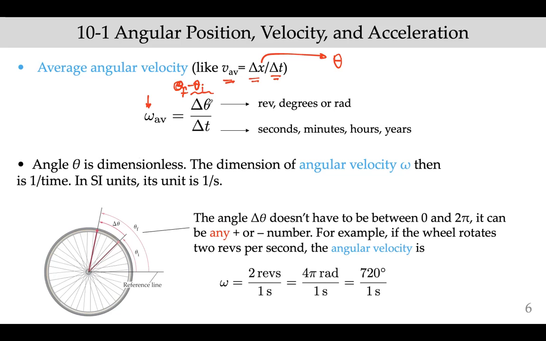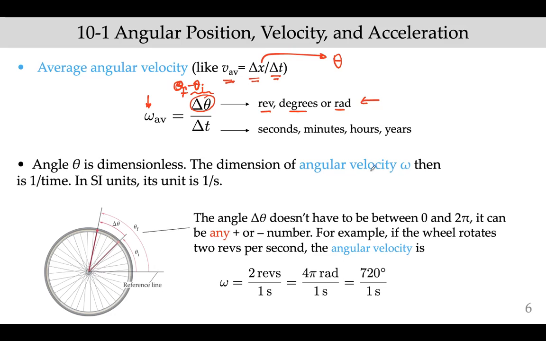This delta theta could be in revs, degrees, or radians. And delta t can be seconds, minutes, hours, years, any time unit. As we talked about before, the angle is dimensionless. It still has a unit, but it doesn't have any dimensions.